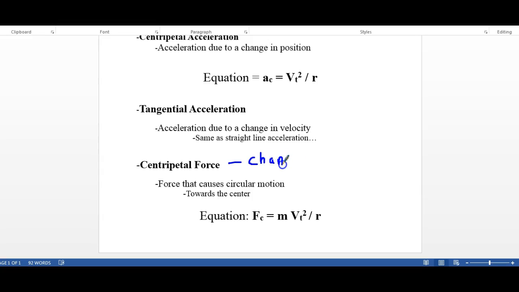And so we can look at that centripetal, and if you remember up to centripetal acceleration, that is acceleration due to a change in position. So this is a force that causes an object to accelerate like this centripetal acceleration, but it causes circular motion.